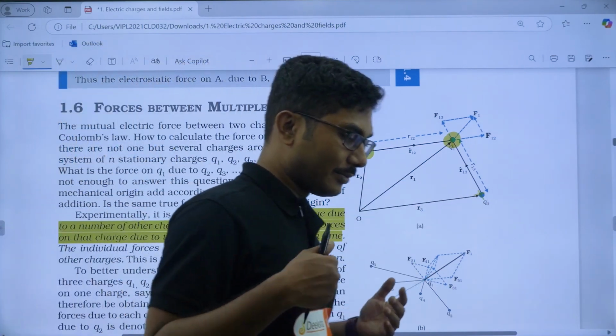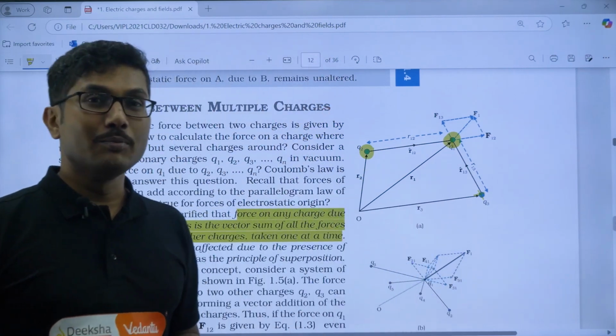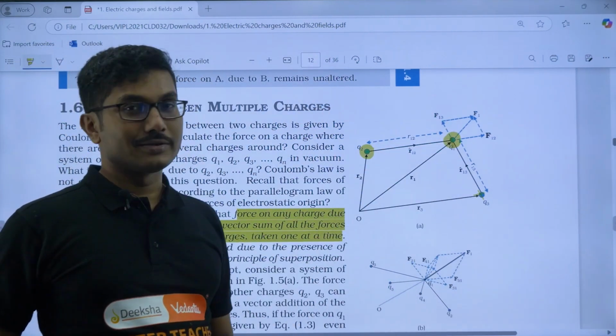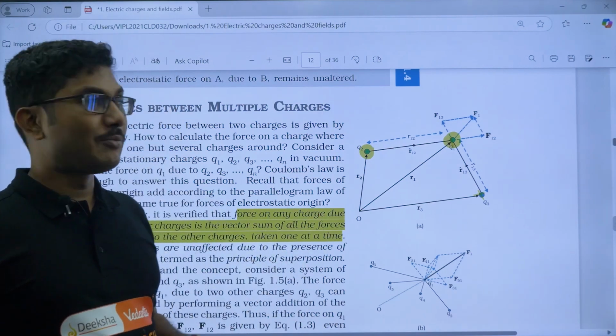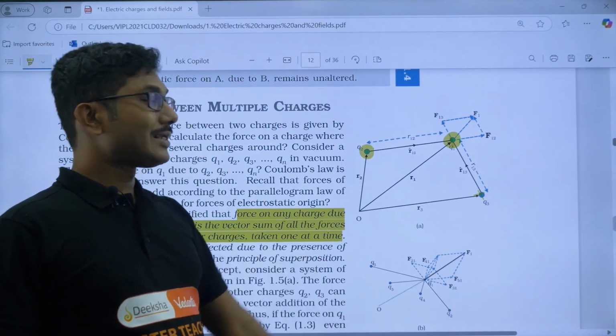So you are the target and your friends are pushing you. What is the force acting on you? Someone may be pushing you, someone may be trying to pull you back.